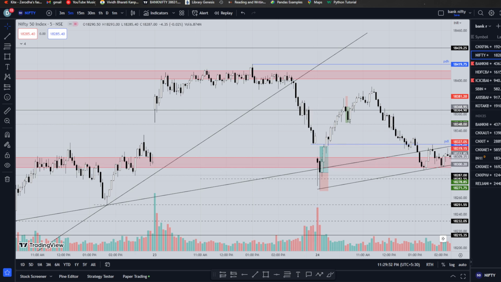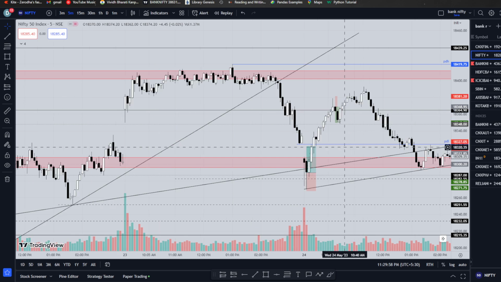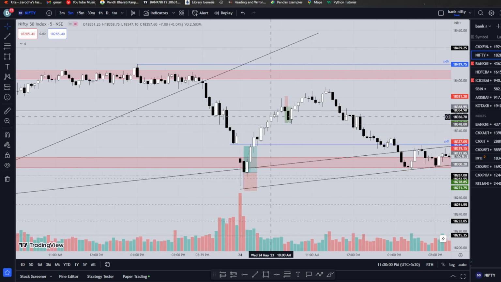So yeah, and my second trade was again in Nifty only. It was based on this shooting star when it was formed.